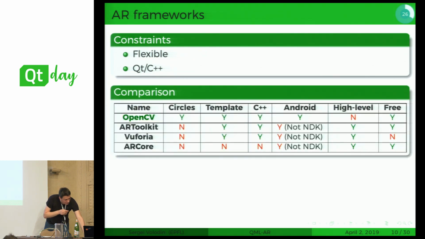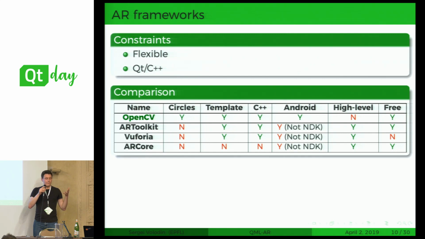So if we try to integrate it, we need to use some framework, because it's not a good idea to write everything from scratch. There are already existing AR frameworks, such as AR Toolkit and others.